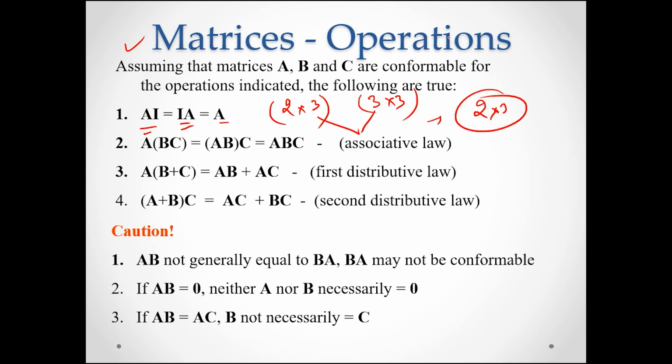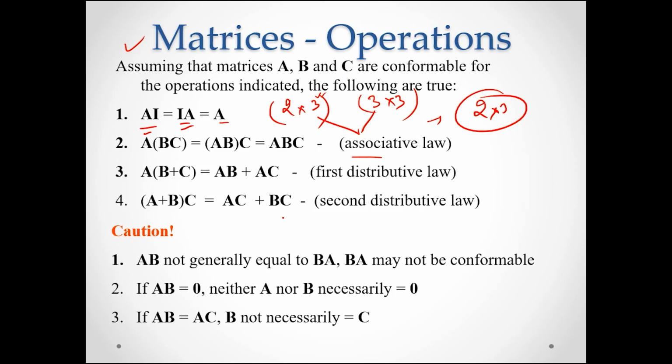So whether it is a square matrix or a rectangle matrix, it is possible. But you have to check for conformability. That means the identity matrix has to be of the same order as the column of the first matrix.